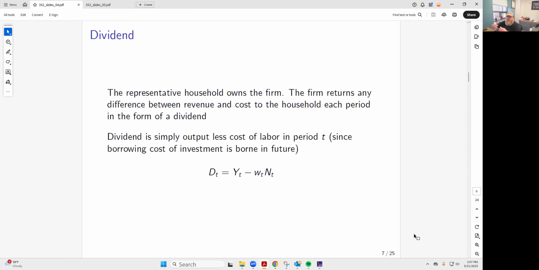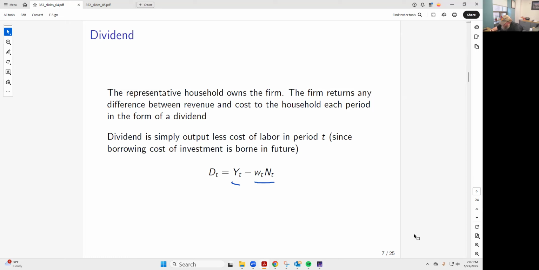All right. And then one of the things I like about this particular setup is that it takes on a fairly modern view of firms. And so here we say the firm has a dividend. The firm's dividend is simply what they produced, YT, minus what it cost them to pay their labor, essentially, right?